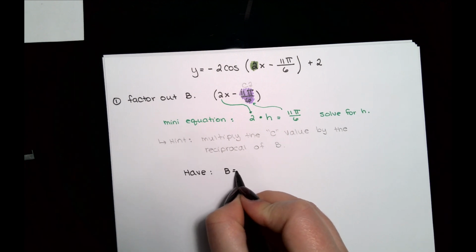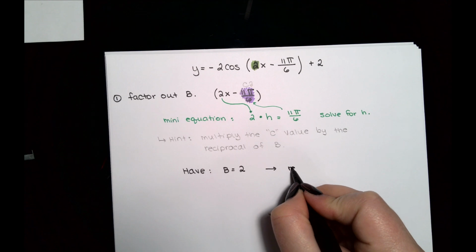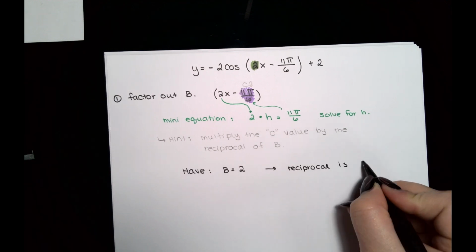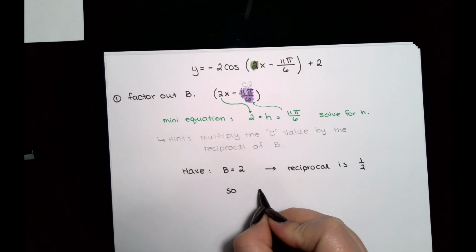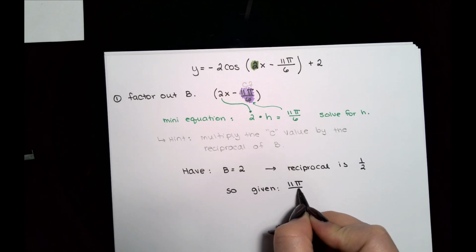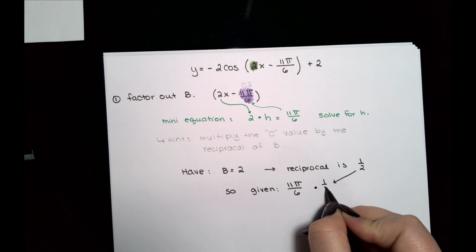So what we have is a 2 for b, which means the reciprocal is 1/2. Our given 11 pi over 6 is going to be multiplied by the reciprocal, 1/2.